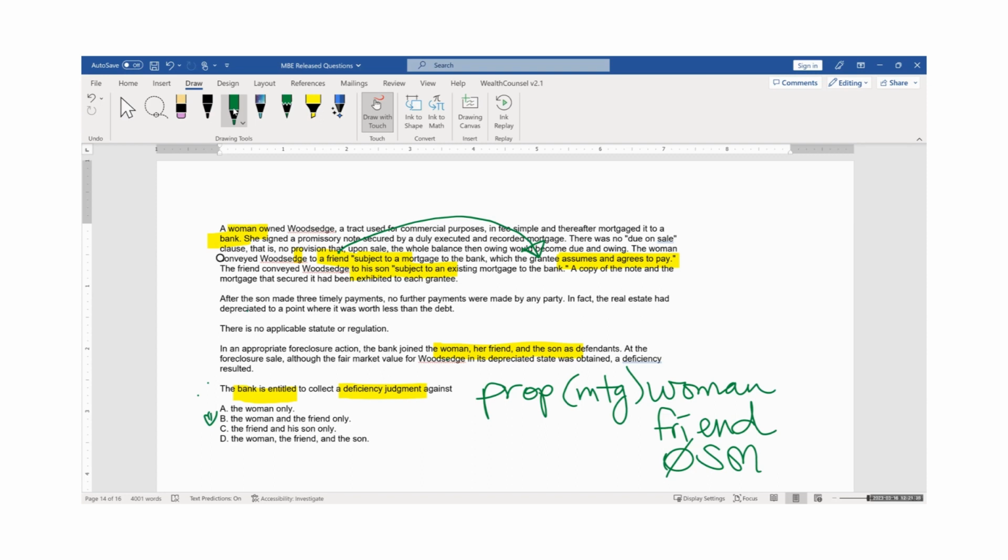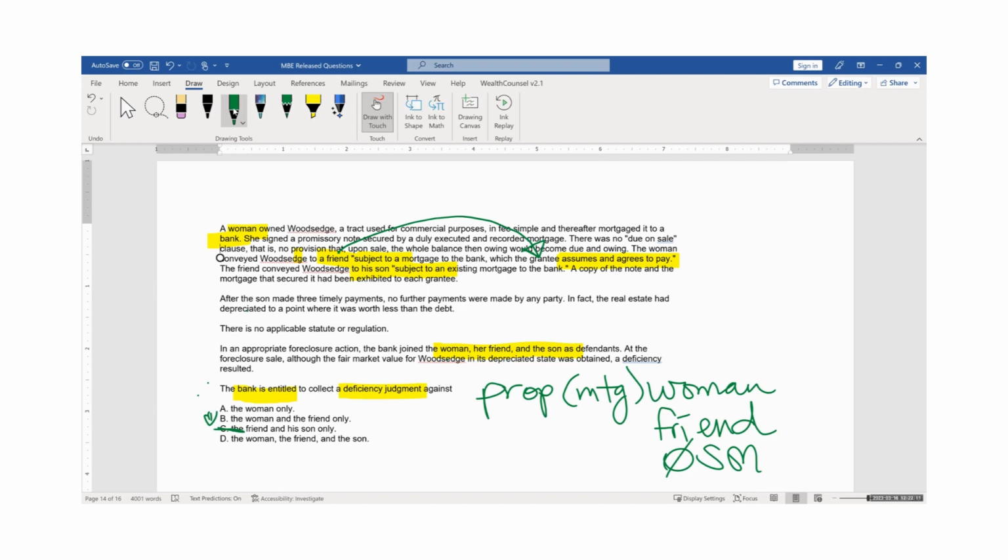You should clearly, even if you were not sure because of the language in the quotation marks for how the friend and the son take it, know that the woman is responsible because there are no facts in the fact pattern that discuss novation or the bank letting the woman off the hook. So you can cross out C because you know it has to include the woman.